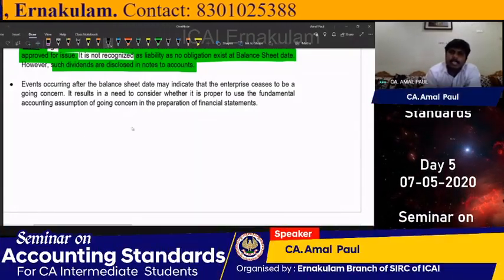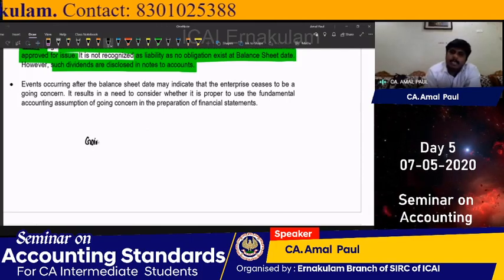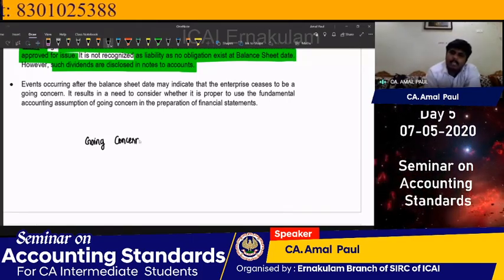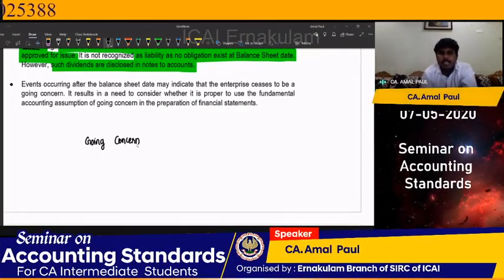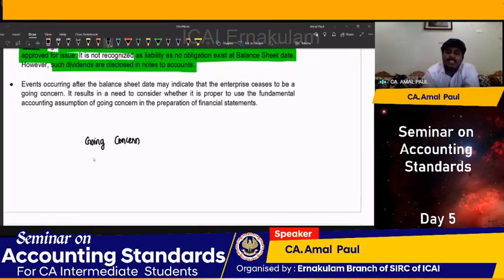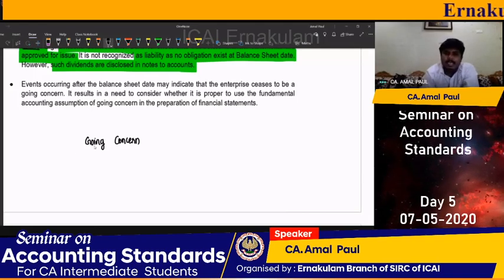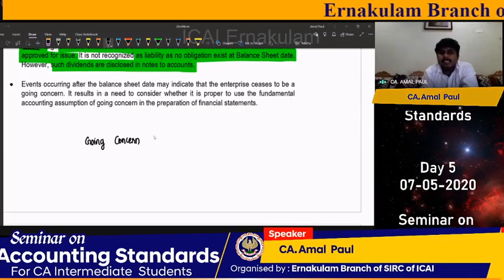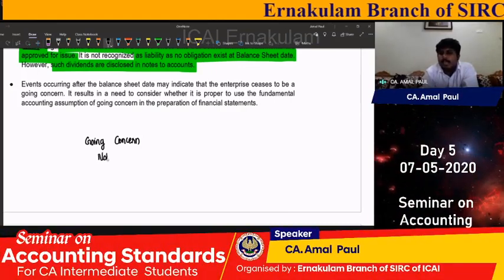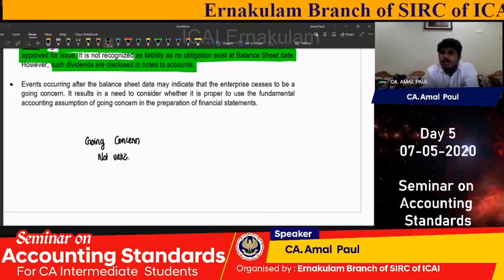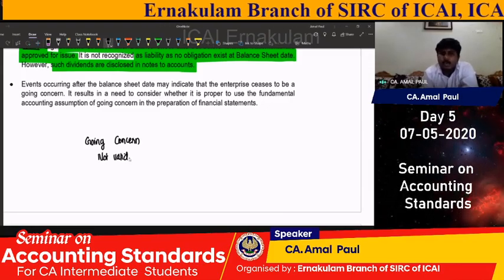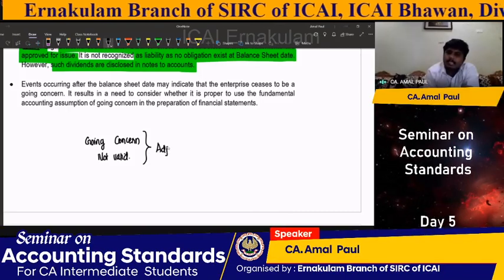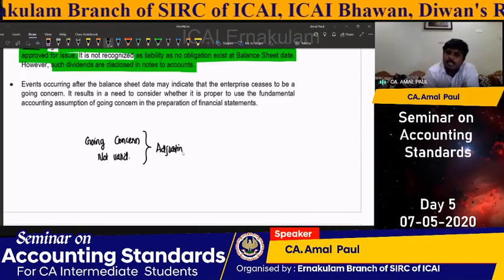That is, if there is an event subsequent to the balance sheet date which indicates that the going concern assumption is not valid, then we will consider it as adjusting. This is the only exception.